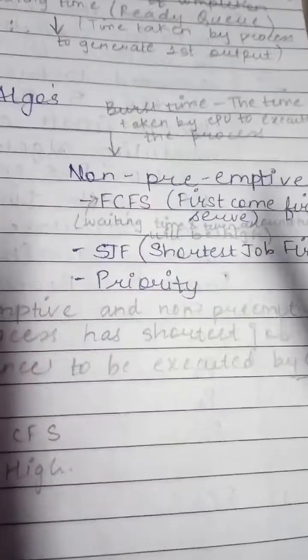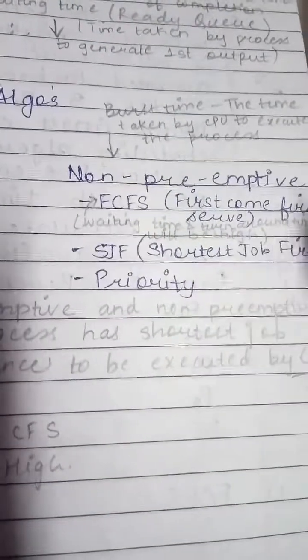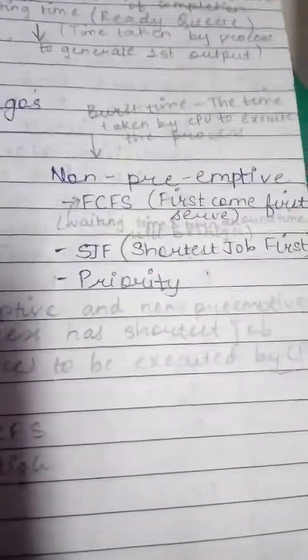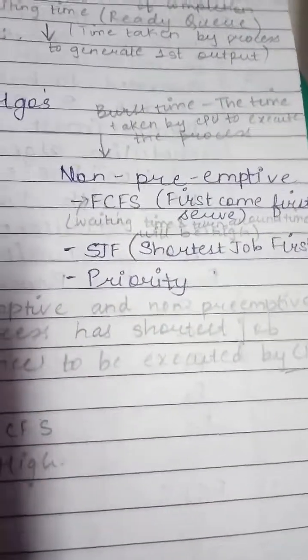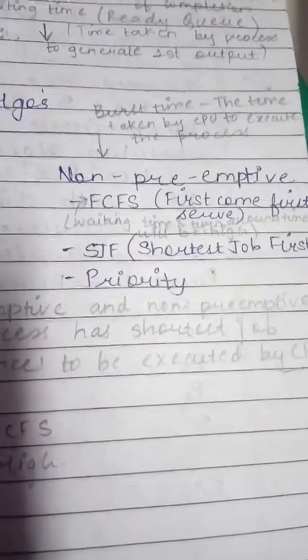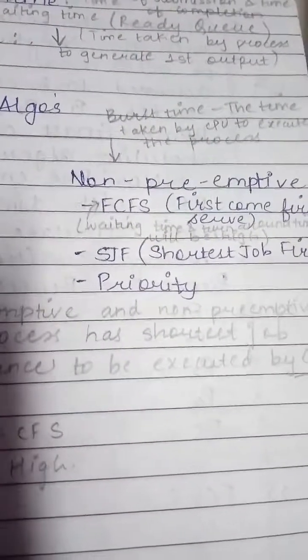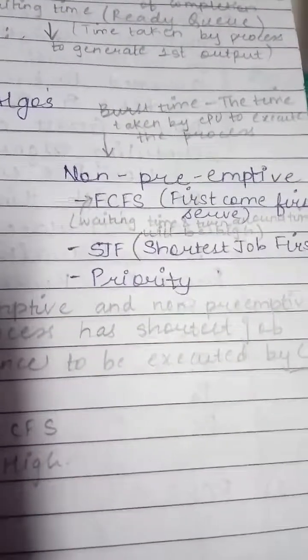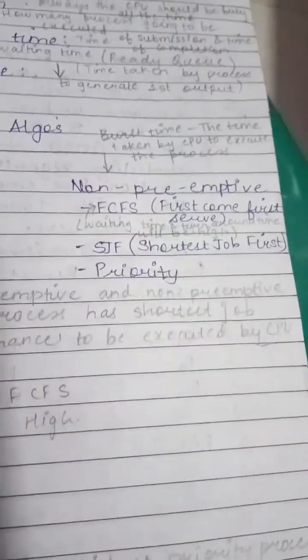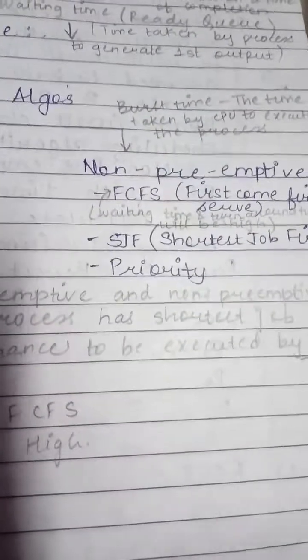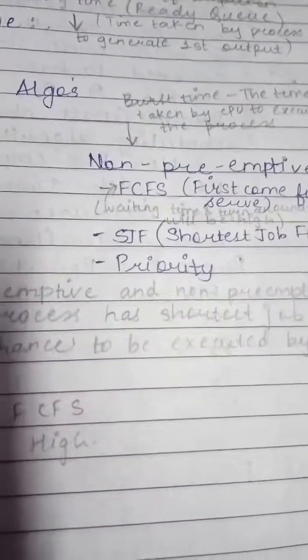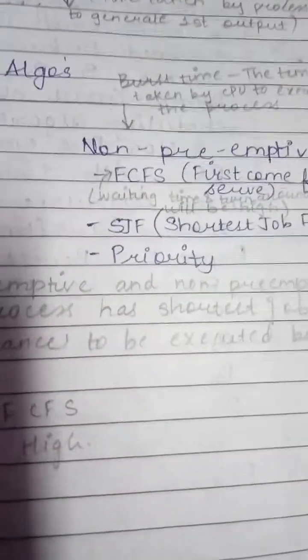Then comes priority scheduling. In this, each process is assigned a priority ranging from highest to lowest. The 0 priority is the highest priority, and numbers ranging below that, like 4, 5, 6, are lower priorities.